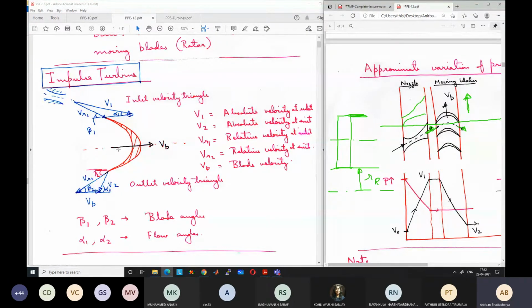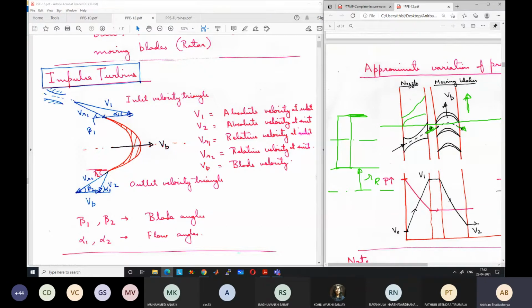Because the blade itself is moving, the relative velocity with respect to the moving blade is given by VR1. This angle with the horizontal VB direction is beta 1. Beta 1 is known as the inlet blade angle and VR1 is known as the relative velocity at inlet. The vector addition of VR1 with VB gives us V1. So VR1 plus VB is equal to V1.